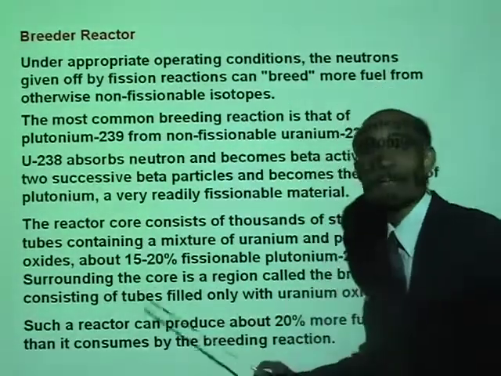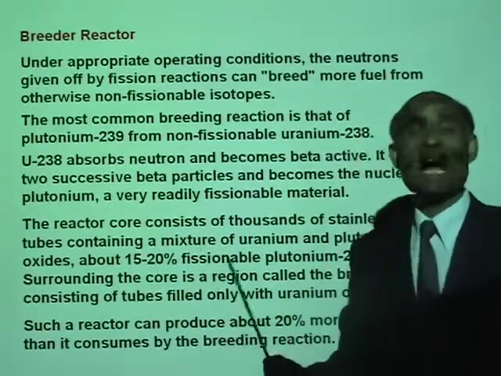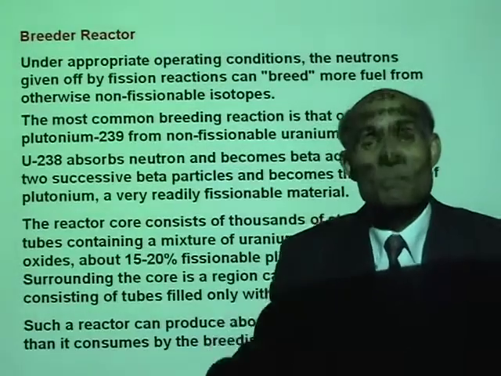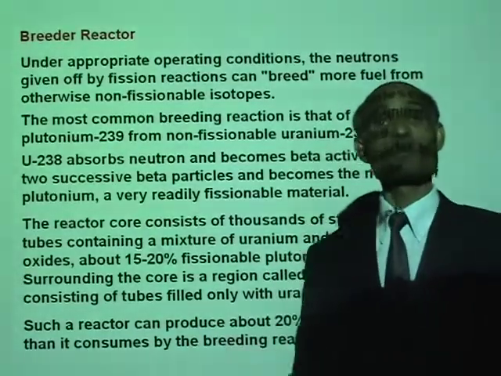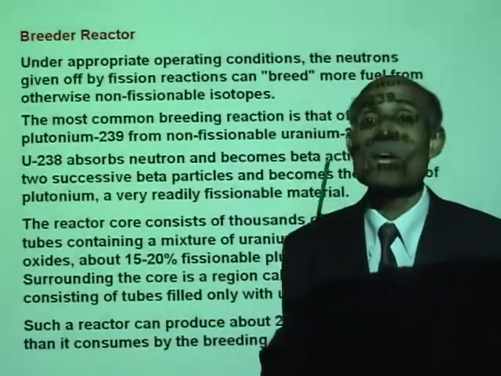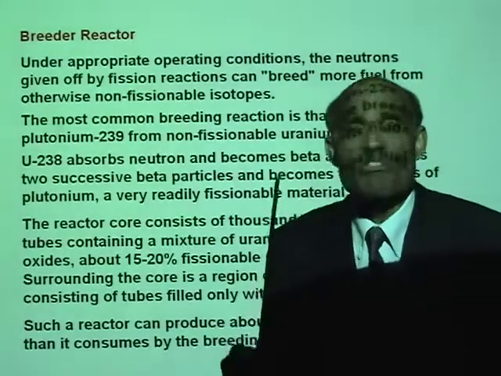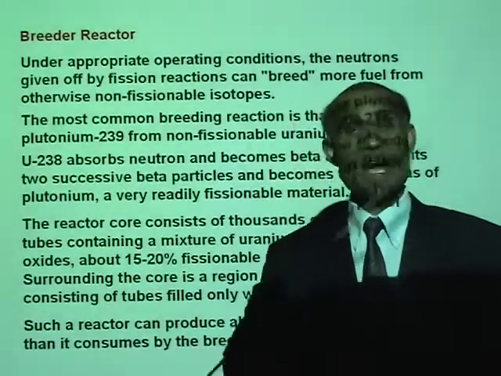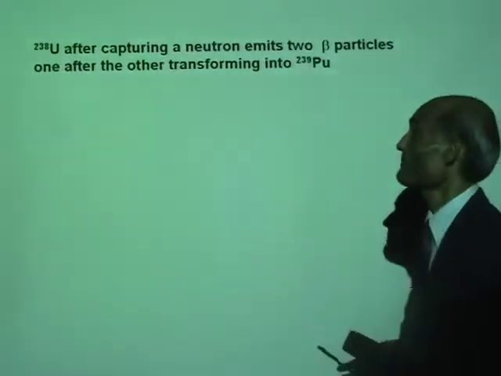And once the fuel rods have been active for some years, you can remove them and reprocess them to remove the plutonium. And plutonium is a much more effective fissionable material to produce a bomb than uranium-235.